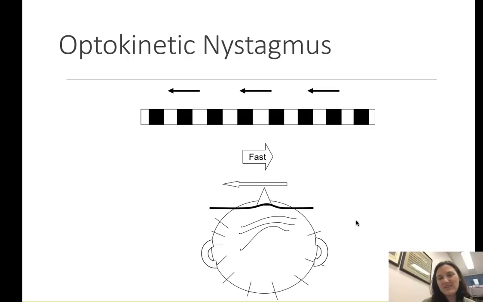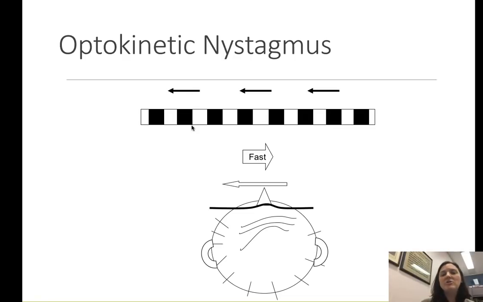How we kind of bring this on in everyday life or in our practice is to use what we call an OKN tape or an OKN drum. It's a little piece of fabric that has stripes, and it simulates a situation where you have to try to process information that's moving quickly.